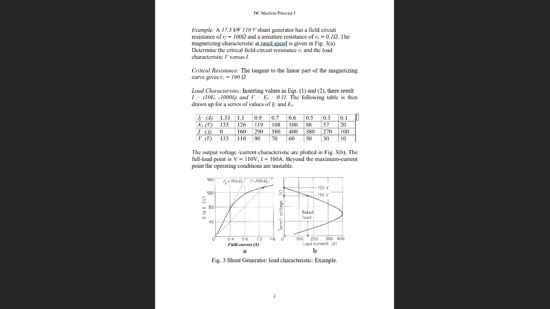So what does critical resistance mean? We explained the definition of critical resistance in the lectures. It is the maximum total resistance of the excitation circuit, the maximum value of RF plus RA.